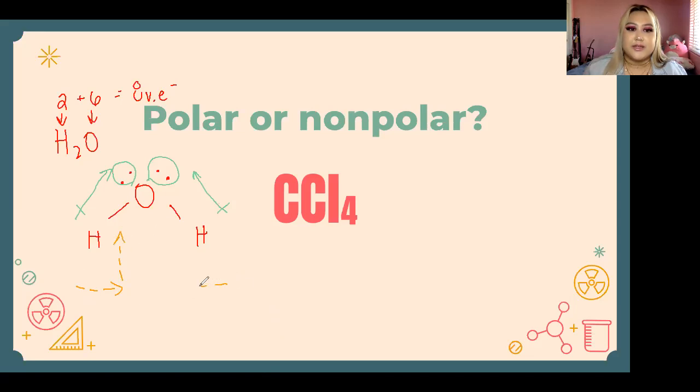This one's going the other way and still going up. Since these two are going opposite ways and they're the same element, they would cancel out, but it still has a net of going up. So that means it's polar. Does that make sense? Or is the vector thing confusing?